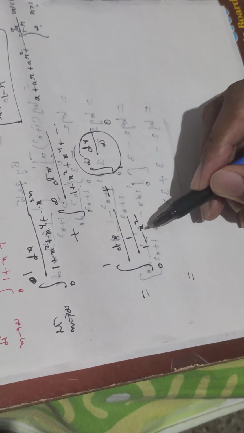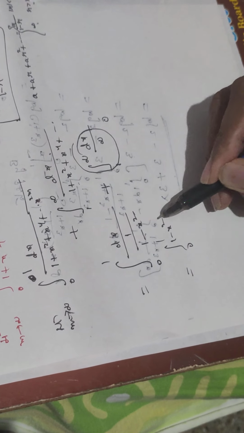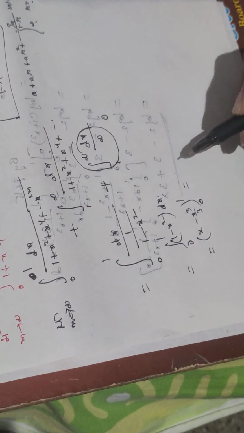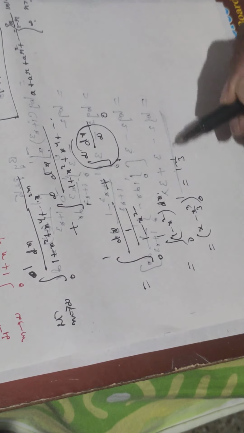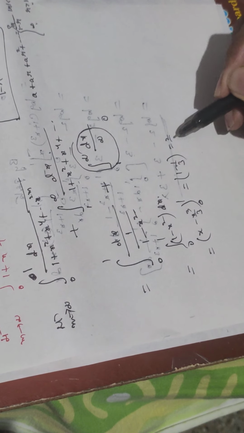What about the first integral? 1 minus x square, integral 0 to 1 dx, a by 1 minus r. So x minus x cube by 3, limits 0 to 1. 1 minus 1 by 3. For the lower limit the value is 0. So 2 by 3. So this is the value of a by b.